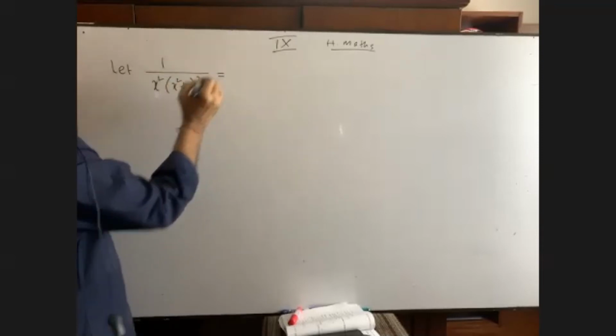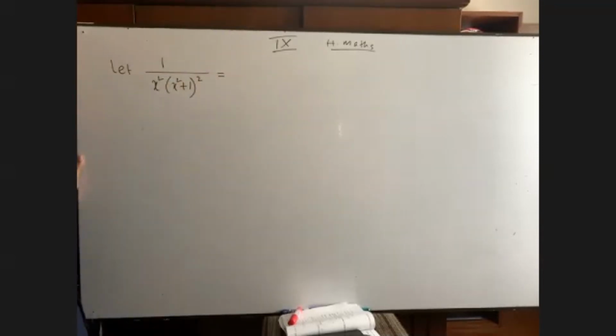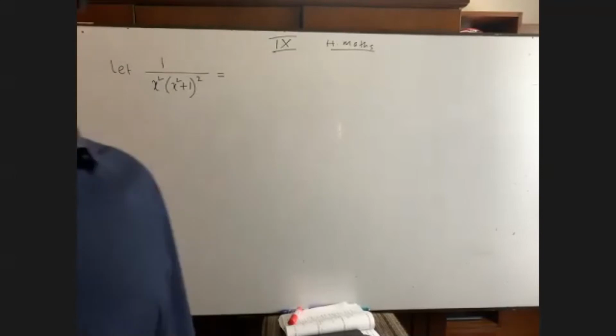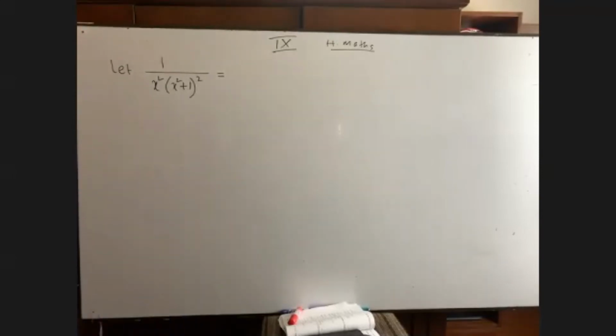Now please try to understand. For the previous math our degree was 5, but for this math what degree are we getting? Here 2, here 2 to the 4, 6.